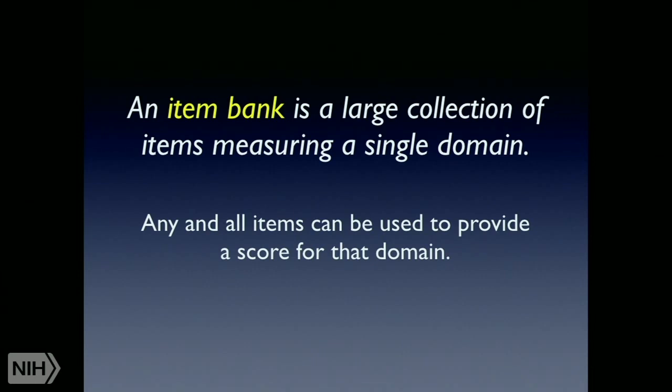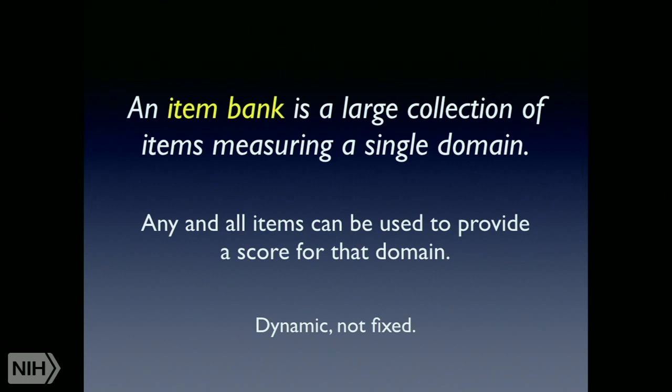So you can pluck out one item and estimate a score on fatigue, or you can pluck out 40 items and combine them all and estimate a score on fatigue. Okay? That means that item banks can be dynamic, not fixed. We can add items to them over time. If we end up getting some better items, we can seed in some new items and maybe get rid of some items that don't seem to be quite as useful. So it's a dynamic resource.